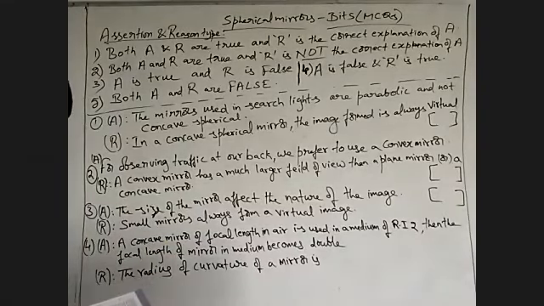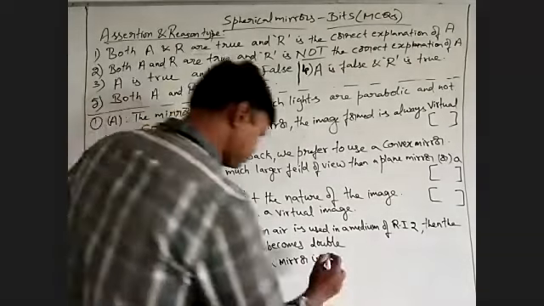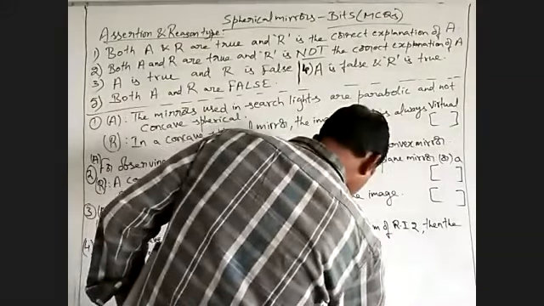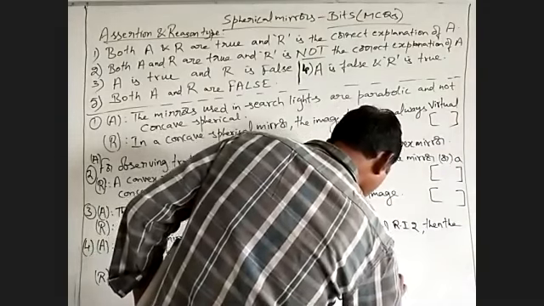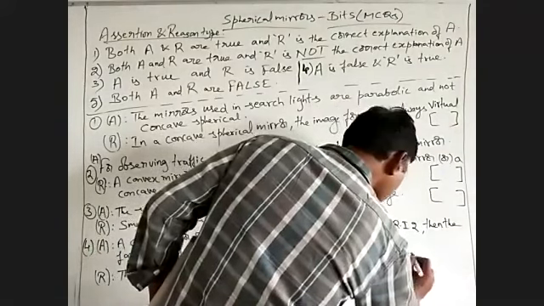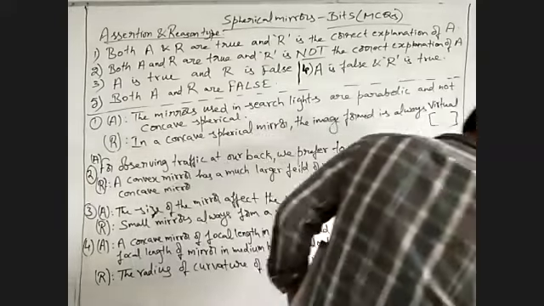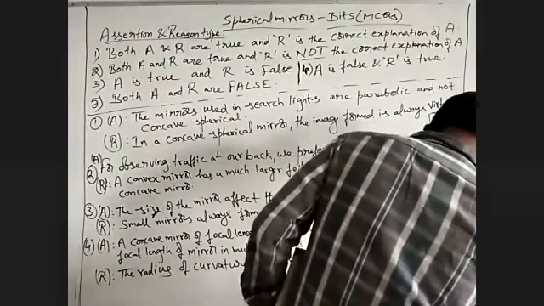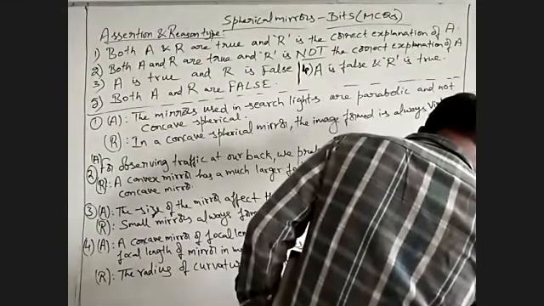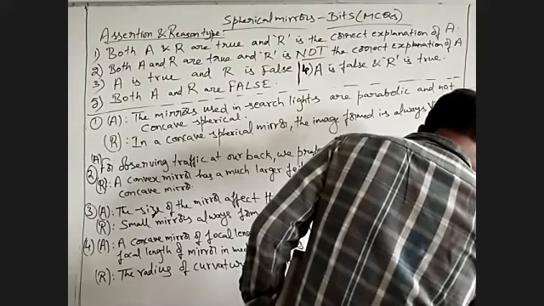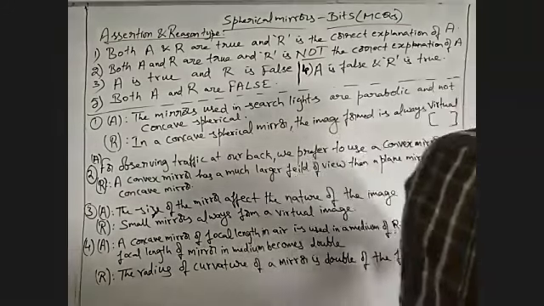The radius of curvature of the mirror is double of the focal length. Okay.